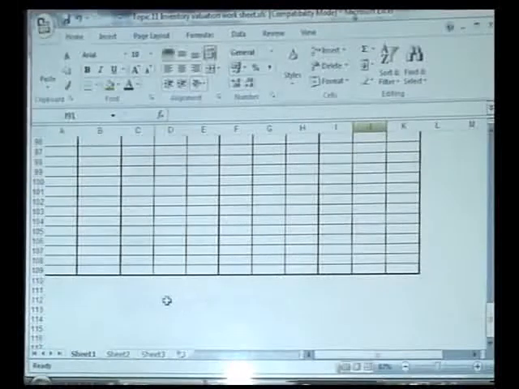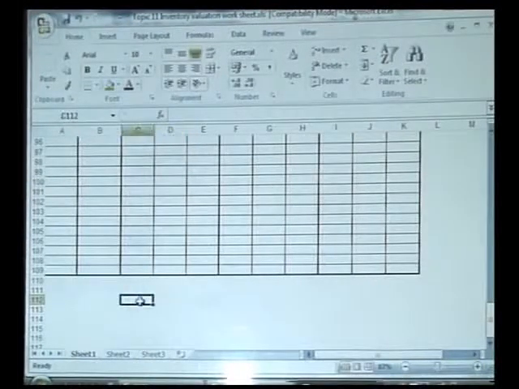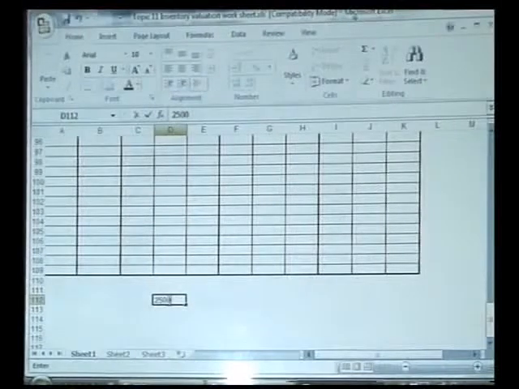Then, since it is the average method, we will have to find the values. How do we find the values? We have 2,500 plus 1,200. It works out to 3,700. That is the total value of the stock now. And we have 35 units. If it is 35 units, then the average price per unit is 105 kina 71 toea.